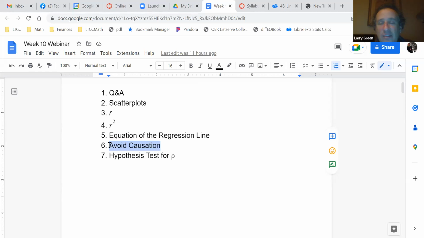And in fact, the word cause, be careful in anything you do in statistics. It's very difficult to show causation in statistics. And that includes your projects, by the way. Okay, if your p-value is 0.0001, you still shouldn't use the word cause. That's why you use statistically significant evidence kind of stuff. Okay, but not cause. So we're going to avoid words that involve causation, and we'll talk about the language you should use.